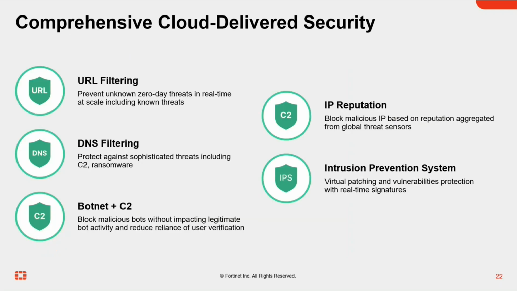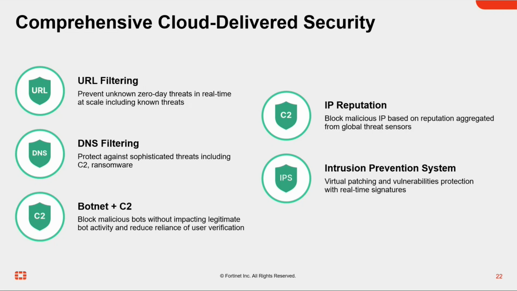So what do we actually deliver within SASE when we look at it from a cloud delivered security model? So we provide web content filtering or URL filtering. So users going off to websites, off to content, essentially blocking that access if the reputation of that website is not deemed high enough.